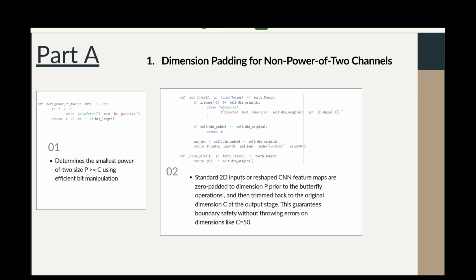During execution, inputs are zero padded to P prior to the butterfly factors and then cleanly trimmed back to the original channel dimension C via the trim2D function. This dynamic encapsulation guarantees shape integrity and prevents any edge case boundary errors when processing arbitrary channel sizes, such as C equal to 50.